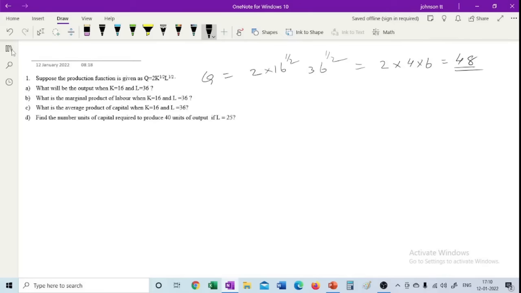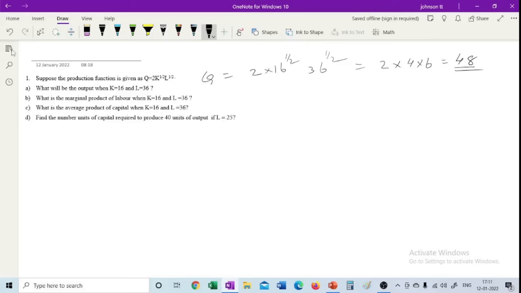It's a simple question. Then second one, what is the marginal product of labor when K equals 16 and L equals 36? So here we have to find the marginal product of labor.